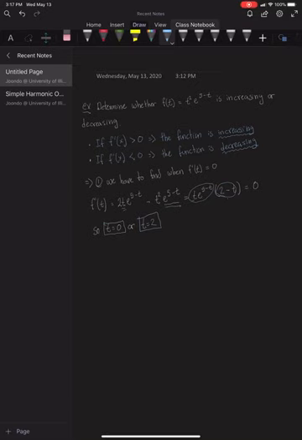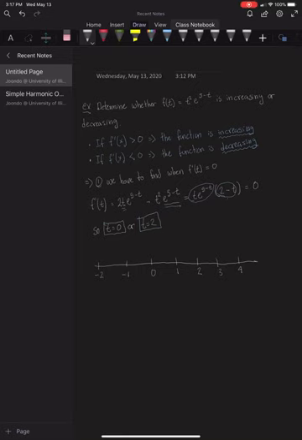Now, we have to find whether the function is increasing or decreasing. Between 0 and 2, there's the number 1, so we can test. Let's draw a line. We start from minus 2, minus 1, 0, 1, 2, 3, 4, and so on.